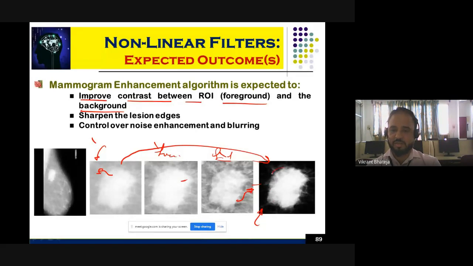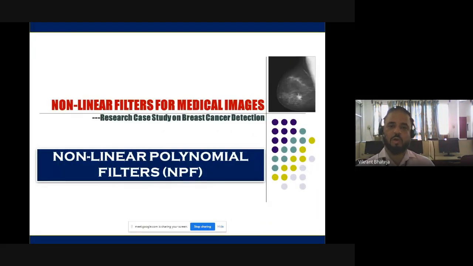The boundaries of this particular tumor are very, very clear. You can see these tentacles out here, which are all predictors of the morphology or the shape, and these are all conveying the diagnostic details to predict the stage or growth rate of that particular tumor. So this is the expected outcome for your nonlinear filters.